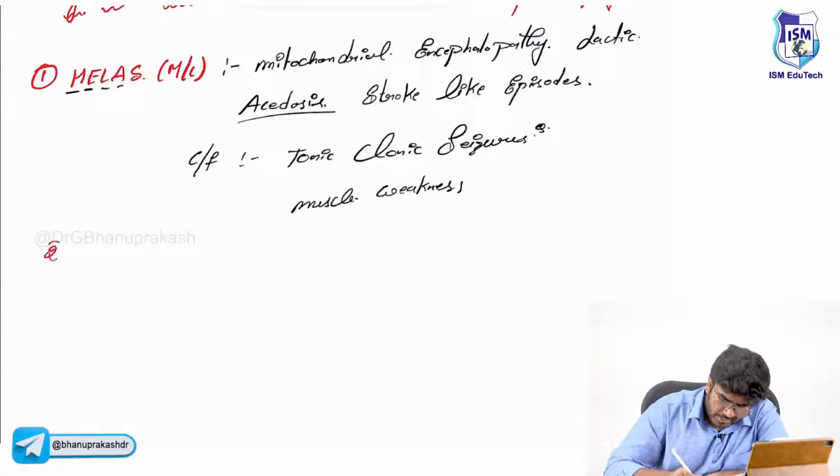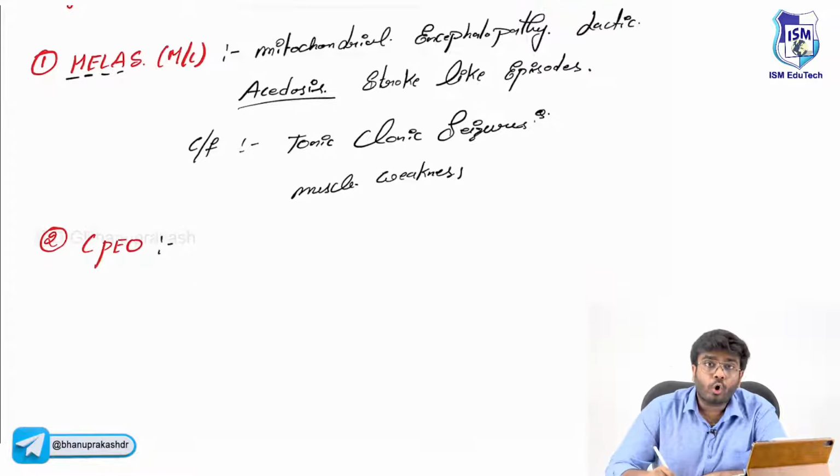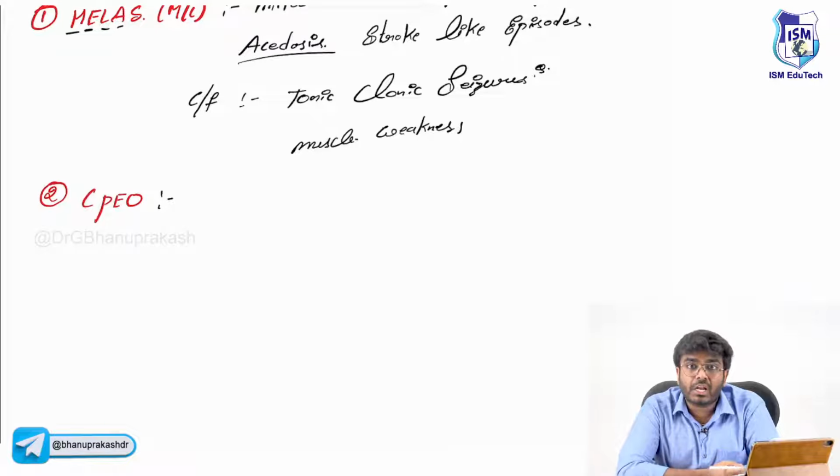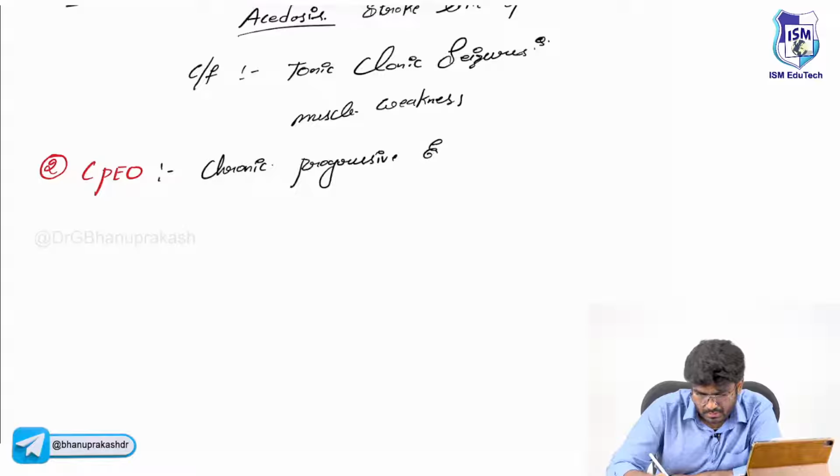The second mitochondrial disorder which I want to discuss is CPEO. So what exactly is CPEO? Chronic progressive external ophthalmoplegia.